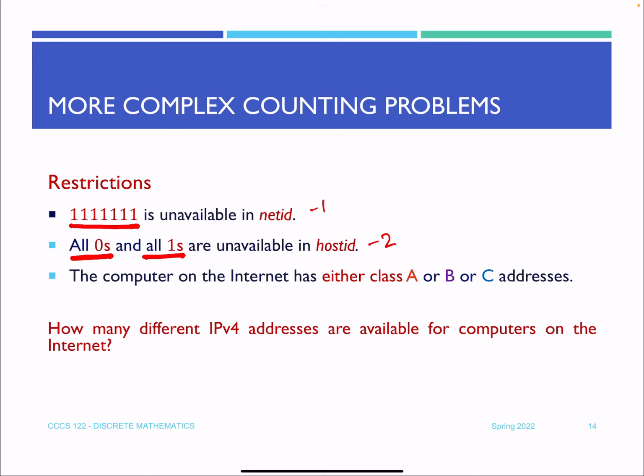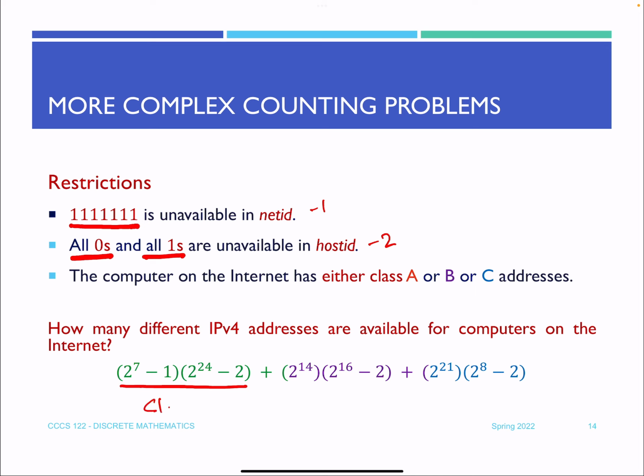Okay, so let's go through this. It's not going to look nice, but I'm going to try to go through this step by step. Over here in green, we have the number of class A addresses.